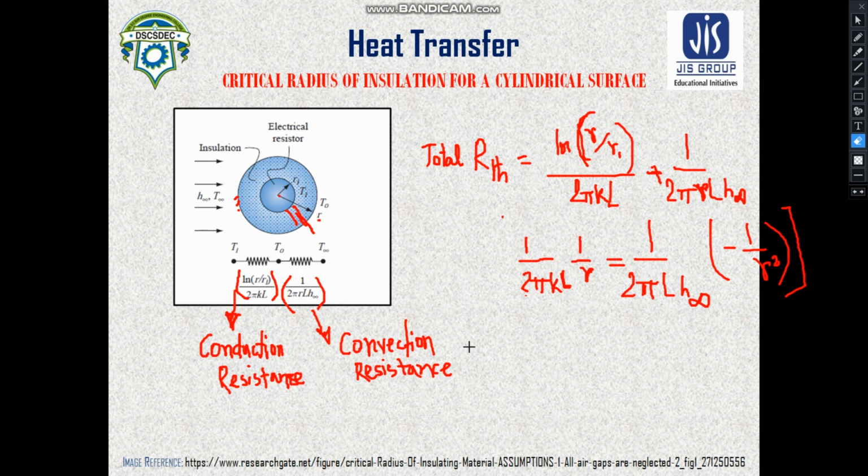So here it becomes, okay, I'm very sorry. So if this is equal to 0, right? So if this is equal to this, then this minus wouldn't be there.